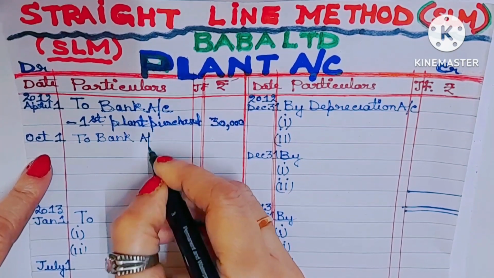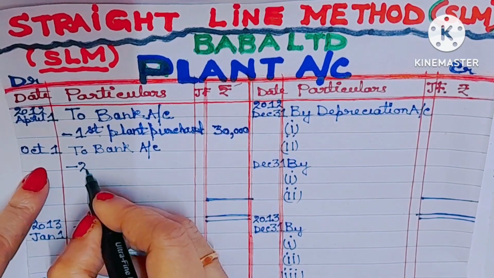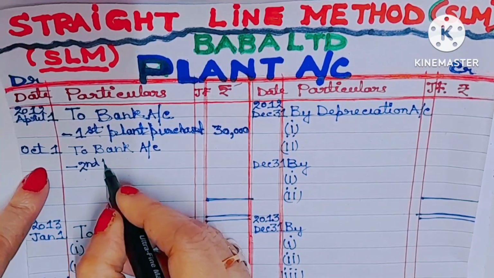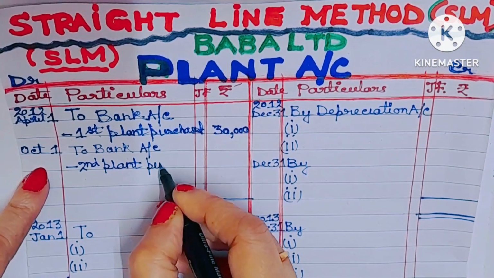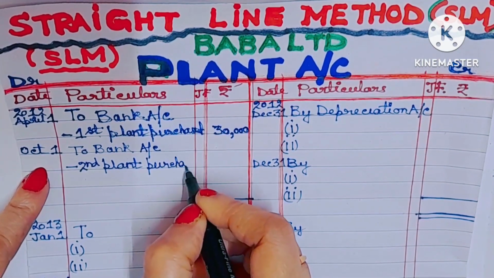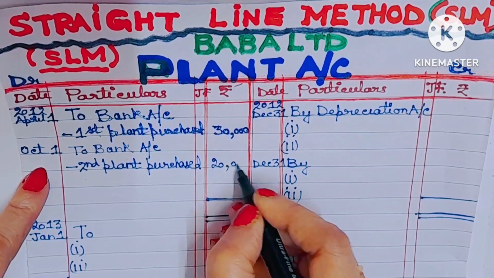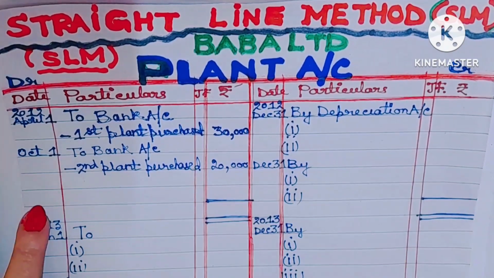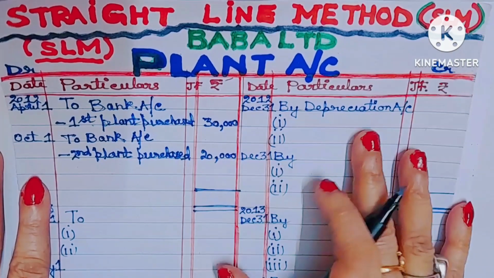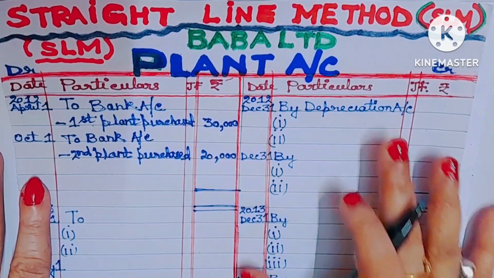So to bank account, second plant purchased. Second plant purchase for how much? 20,000. So we'll have to write 20,000 in the amount column. Okay. Understood?